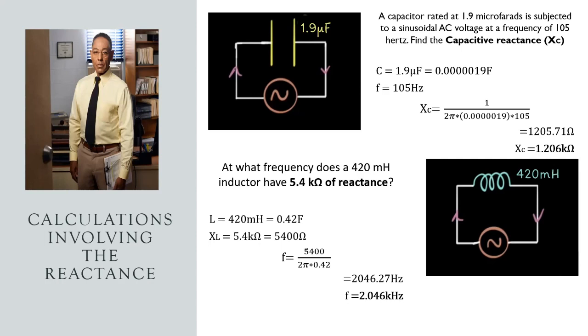Our formula is just a flipped version of our previous reactance formula. I've changed things around to make f the subject, which is easy to do because it's a direct relationship. So I've gone 5400 divided by 2 pi times our inductance, which gives us a value of 2046 hertz, which will convert to 2.046 kilohertz.